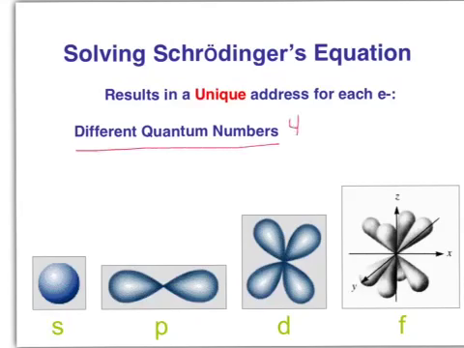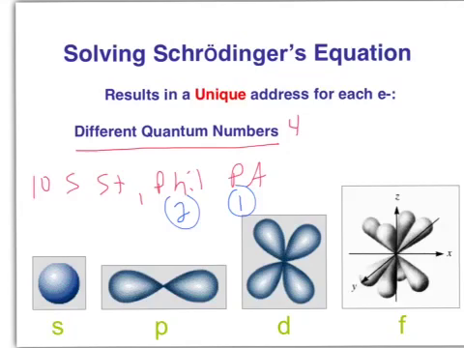So if you think about an address, let's say 10 South Street in Philadelphia, PA, this would be analogous to the first quantum number. It tells me the general location. A little more specific, that's my second quantum number. My third is the street name, and then the fourth would be the exact house on that street. That's the way quantum numbers work.